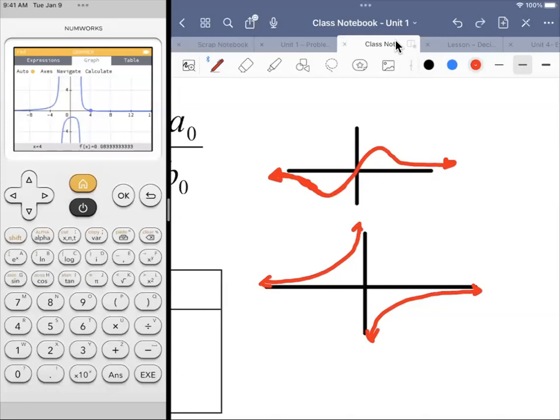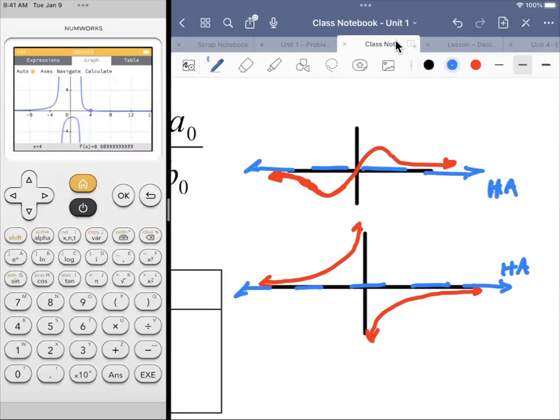I'll do it in blue here. So here's an HA, that blue line. This would also be a horizontal asymptote. But you see in one case, the graph actually intersects the horizontal asymptote. In the other case, it doesn't.